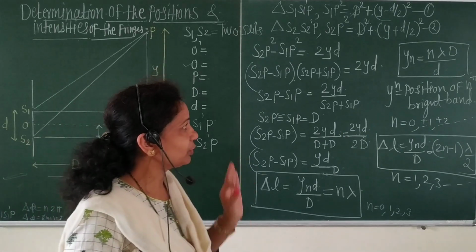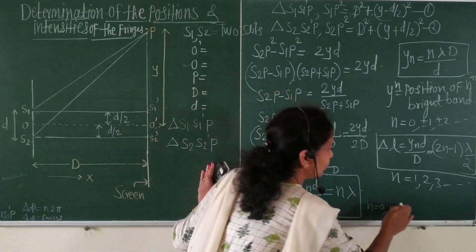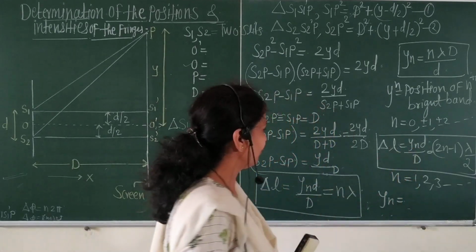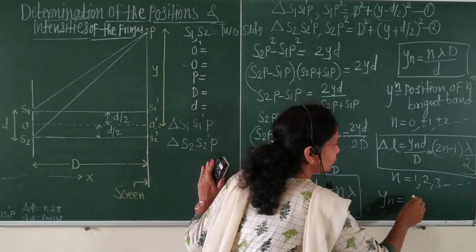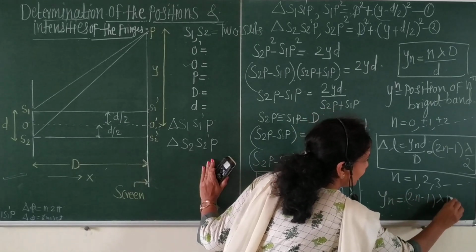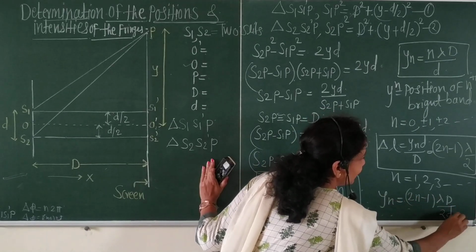From this equation you can write yn is equal to (2n minus 1) lambda D upon 2d.